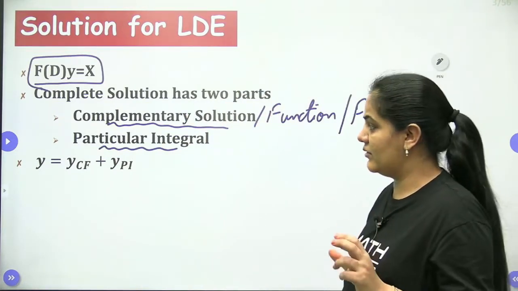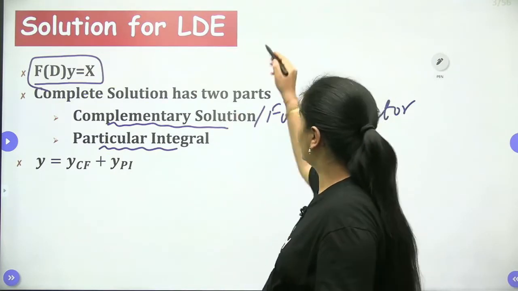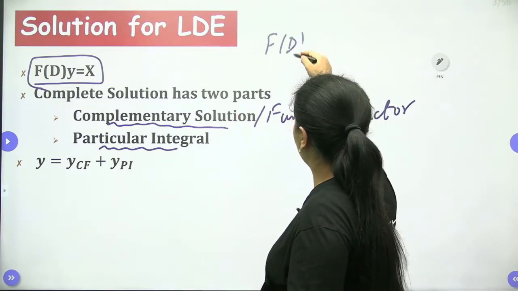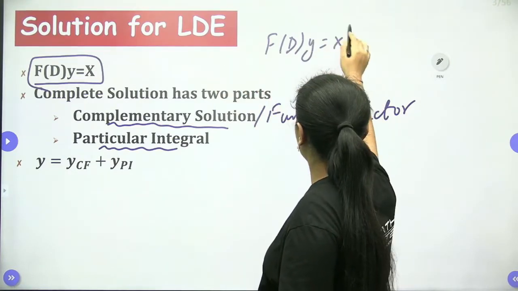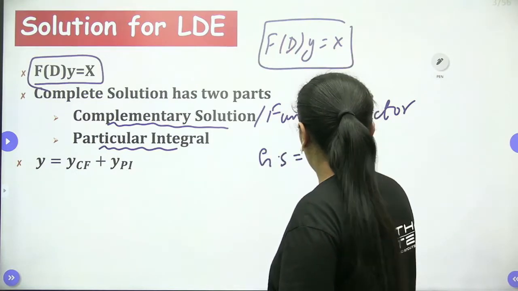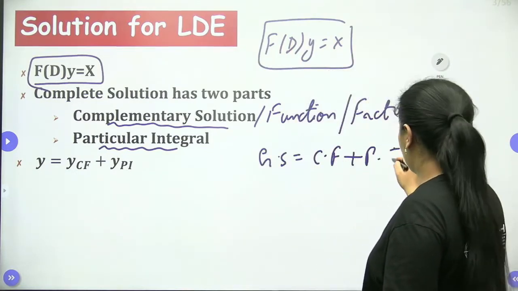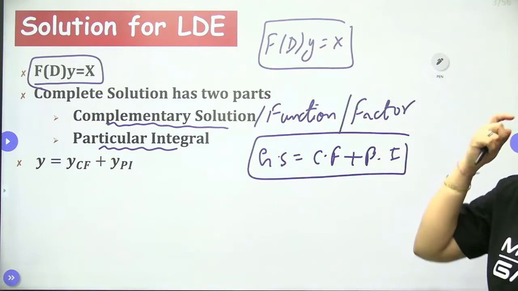So we have to find the solution in two steps or two parts. Whenever we have a differential equation f(D) y is equal to x, where D means the capital D, the general solution will be CF plus PI, dear students, right?